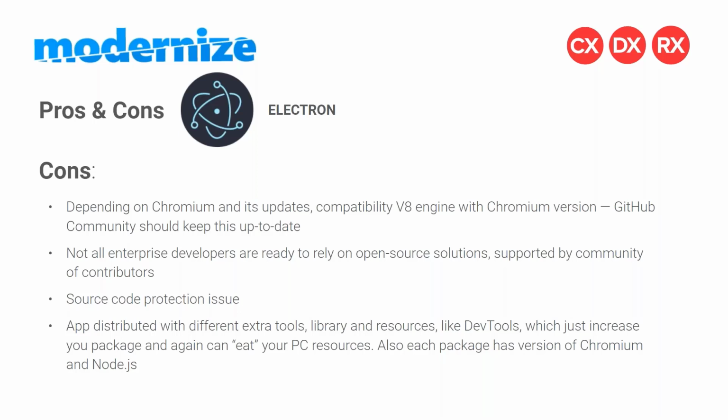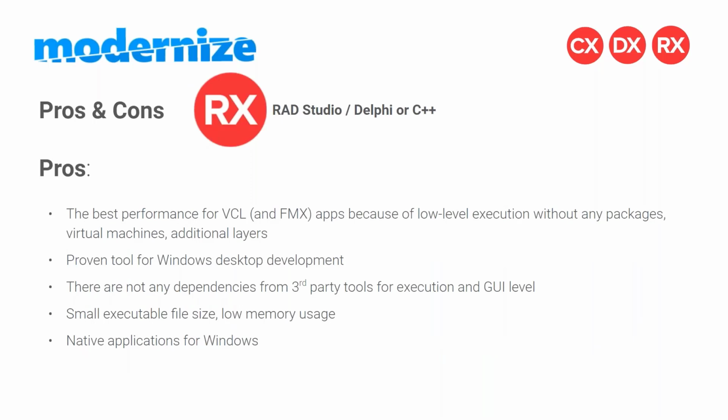I haven't heard that your desktop application can have a lot of modules which belong to a mobile application, and that's real life, and your app will eat your computing resources.